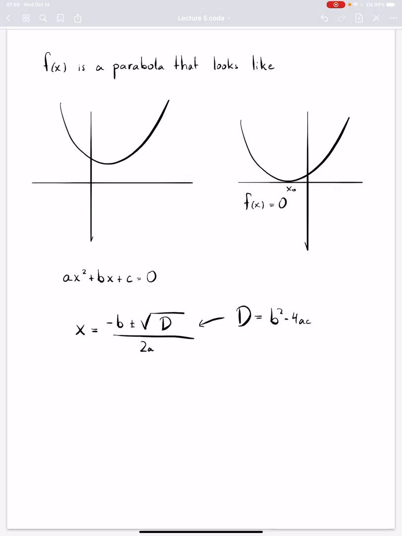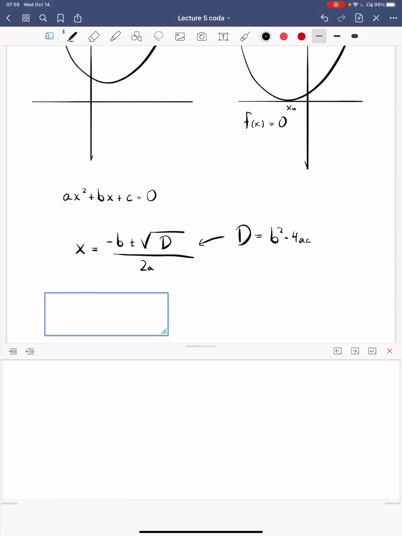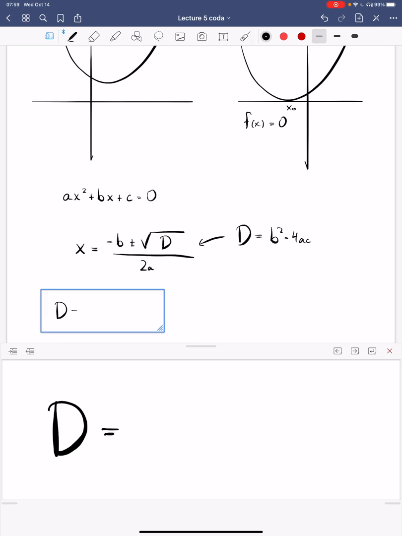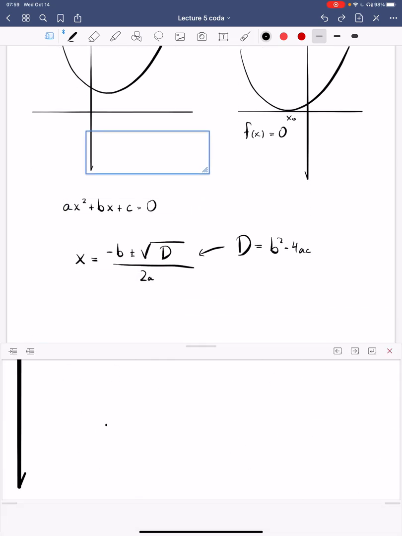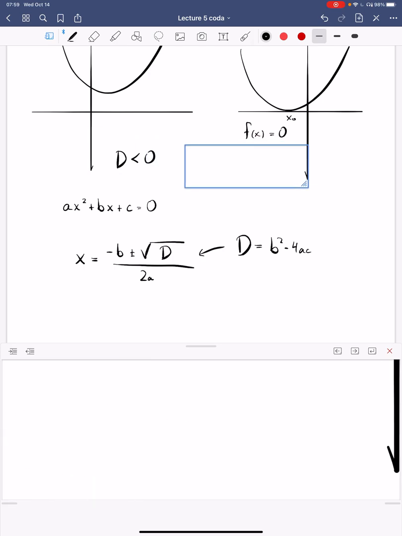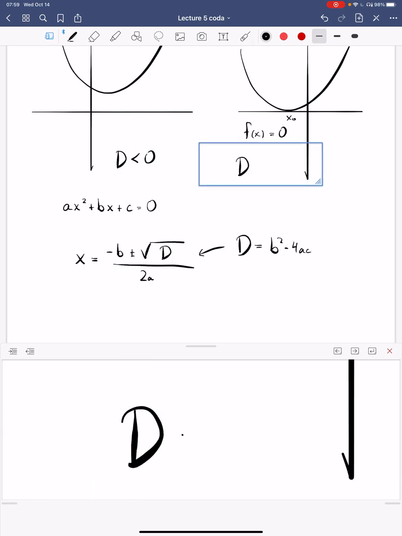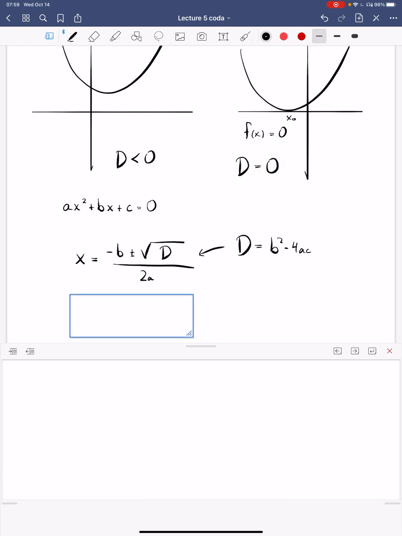So we actually want to see what's happening here with this discriminant. This case here is discriminant less than 0: no solutions to your quadratic equation. And this case here is discriminant equals 0: exactly one solution to your quadratic equation.